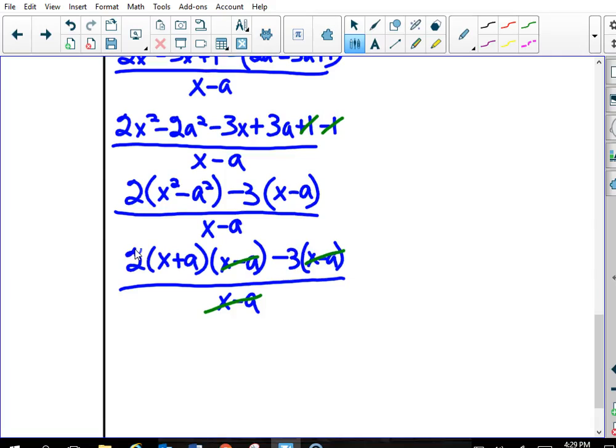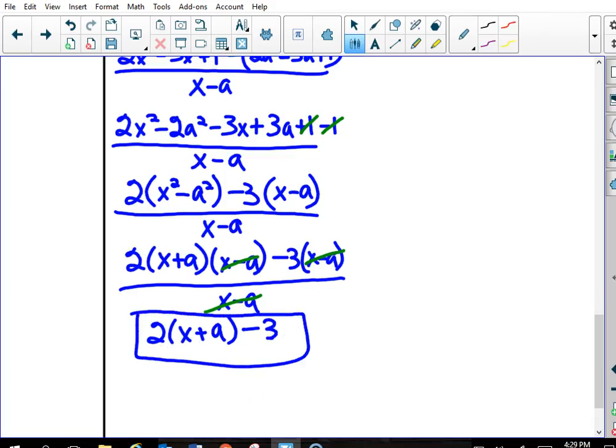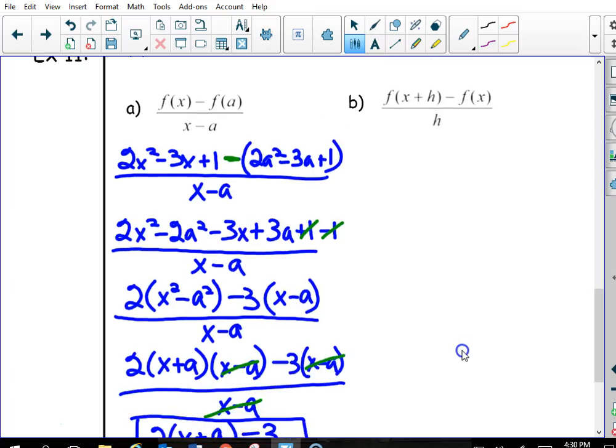I am left with 2 times x plus a minus 3 all over nothing. And that is my final answer. I'm not sure if they want to enter it that way or multiply out the 2. You'll find out when we get on the quiz.